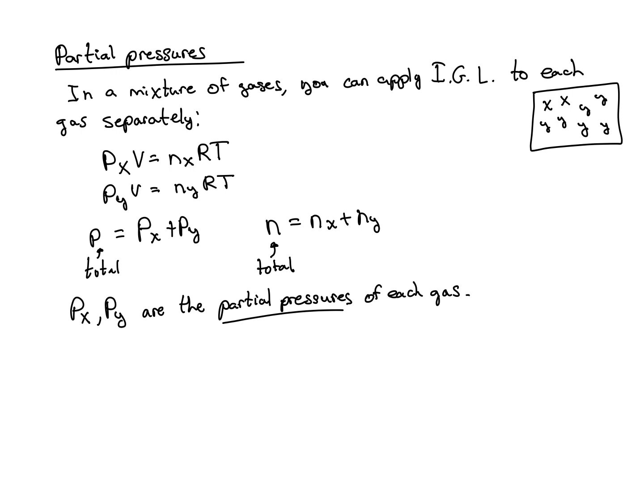Now, the first reminder here: partial pressures are important at this part of the class, where we have potentially X and Y as different gases that might react with each other or convert into each other.